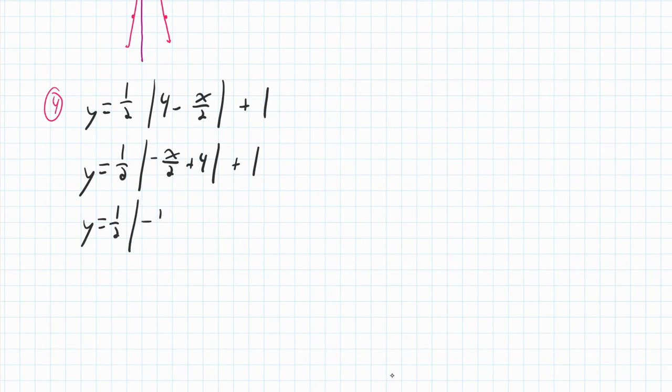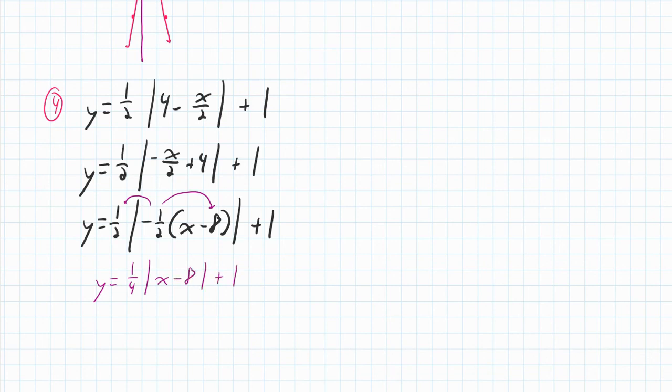I am going to factor the -1/2 out. 4 with a -1/2 factored out is like taking 4 times -2, which gives me -8. And you can check that by multiplying the -1/2 back and making sure you get what you had before. The -1/2 comes out as a +1/2. The +1/2 multiplies by the existing 1/2, giving me y equals 1/4 absolute value of (x - 8) + 1. That is the form that we want.